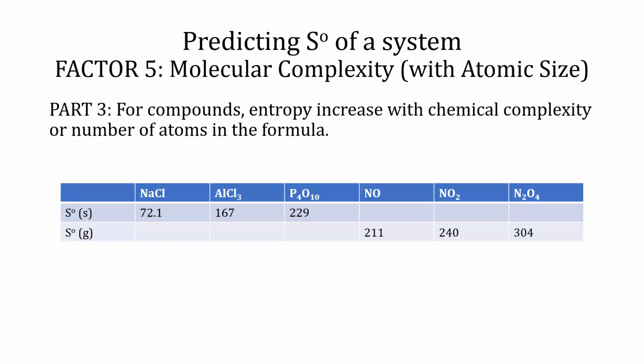For compounds, entropy increases with chemical complexity or number of atoms in the formula. The table below features 3 compounds, NaCl, AlCl3, and P4O10, and 3 nitrogen oxide substances, NO, NO2, and N2O4.